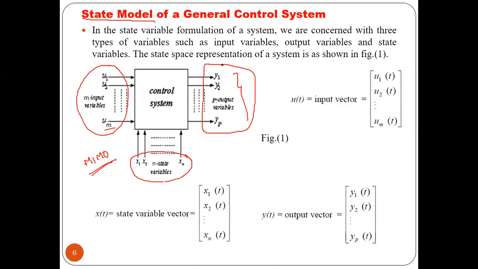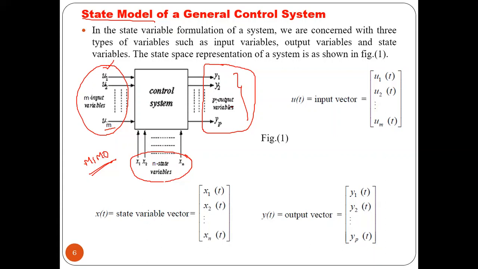So output behavior is determined in terms of input and state variables. Input is applied to the system, and the state variables change based on the system behavior. So completely the system behavior depends on the state variables. Indirectly, we are representing the behavior of the system in terms of variables x1 to xn.